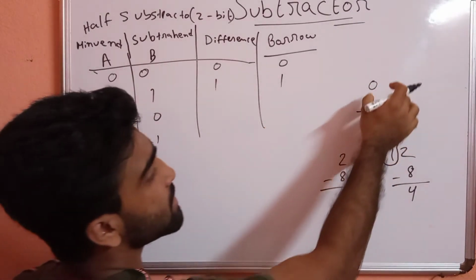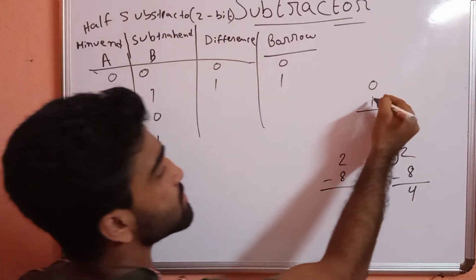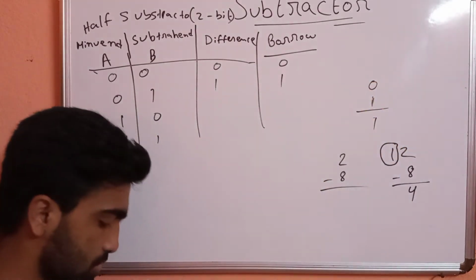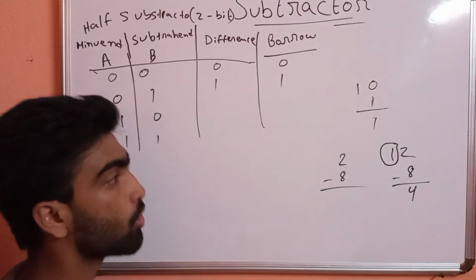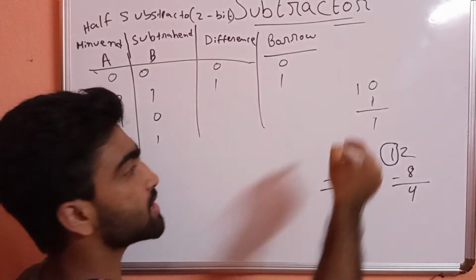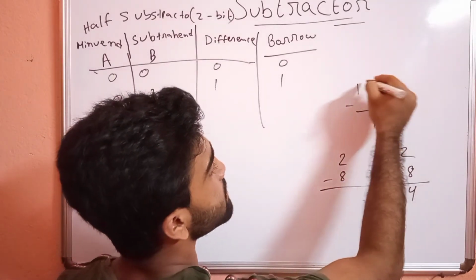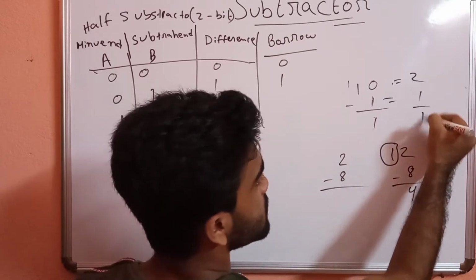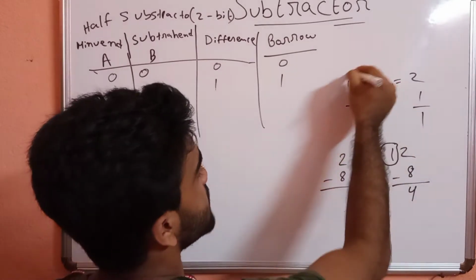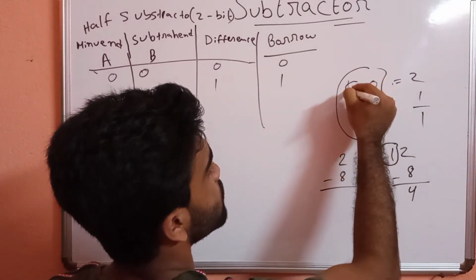Similar to this, here there is only 0. We can't subtract 1 from 0, right? So we are taking a borrow of 1 over here. Then we subtract. In binary, 1 0 is 2, and minus 1 gives 1. So the difference is 1, and that's why this 1 is a borrow.